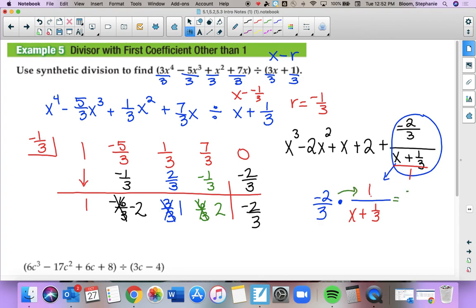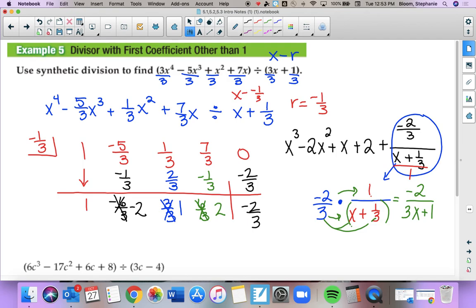Negative 2 times 1 is negative 2. And then when you distribute here, that's a binomial, right? Take it into both. 3 times x is 3x. What's 3 times 1/3? 1.